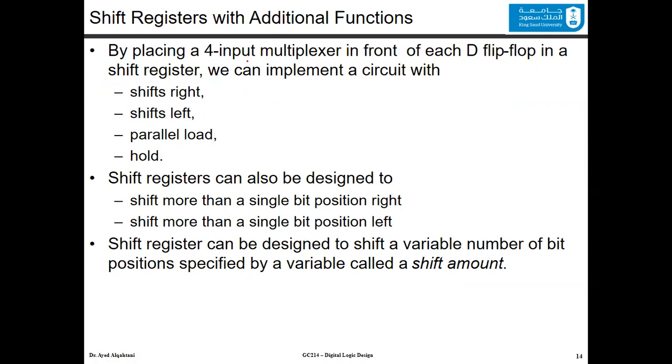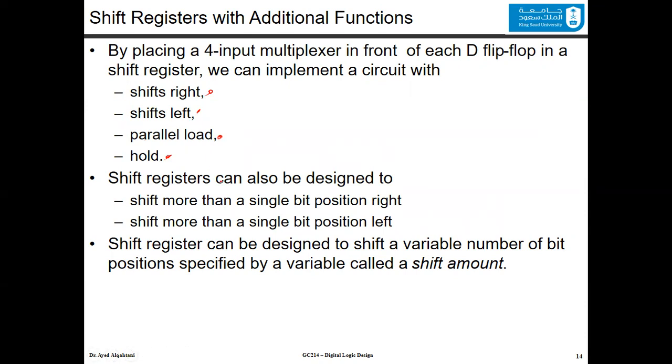Now, by placing a 4-input multiplexer in front of each D flip-flop, instead of the 2-to-1 multiplexer, we have 4-to-1. We can implement a circuit with many functionalities. Some of them, probably, we shift to the right, shift to the left, and we have parallel load, or we hold the value, no shifting to the right or the left, and also no loading, you just hold the data. So this is for different functionality, and you can do them by having a larger multiplexer.